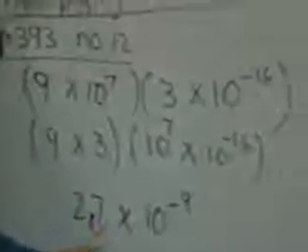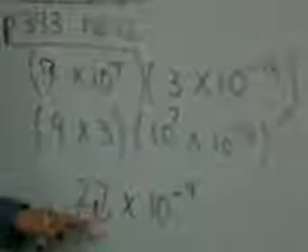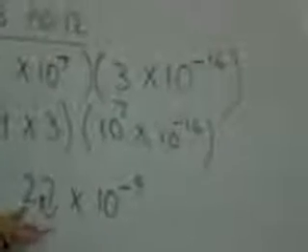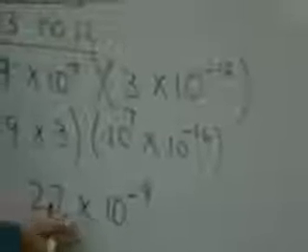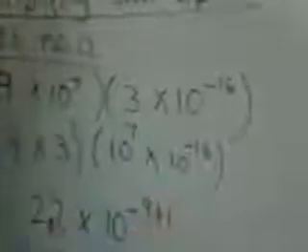So if I move the decimal point to the left, this number is a big number, so I've got to add 1 to the exponent. That means I have 2.7 times 10 to the minus 8. That is how I deal with that one.